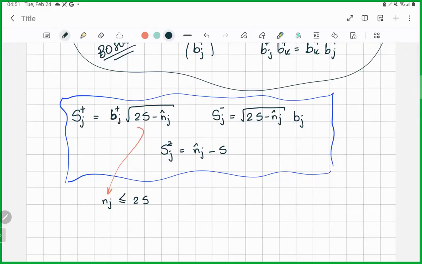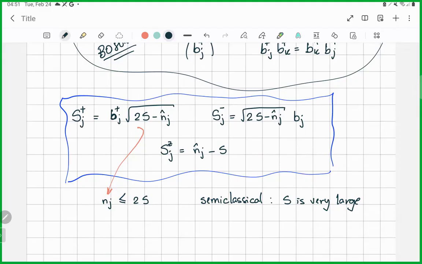Okay, what is the advantage of this transformation? One of the advantages is exactly that it provides us an easy or direct way to study the semi-classical limit. The semi-classical limit is the limit that we have when S is very large, moving towards the classical limit.